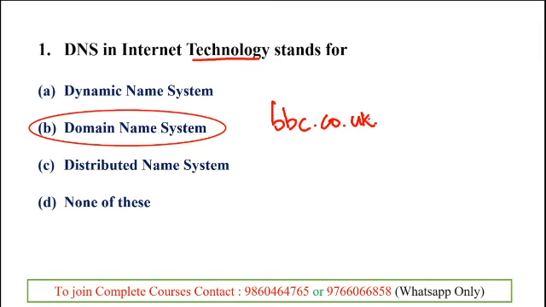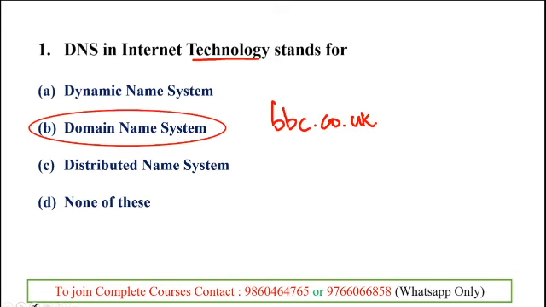Without DNS, everyone would have to remember random strings of numbers to access different websites, or at least Google's IP address. So that's very difficult to remember, the huge IP addresses. So the DNS helps us to convert the IP address into a readable domain.